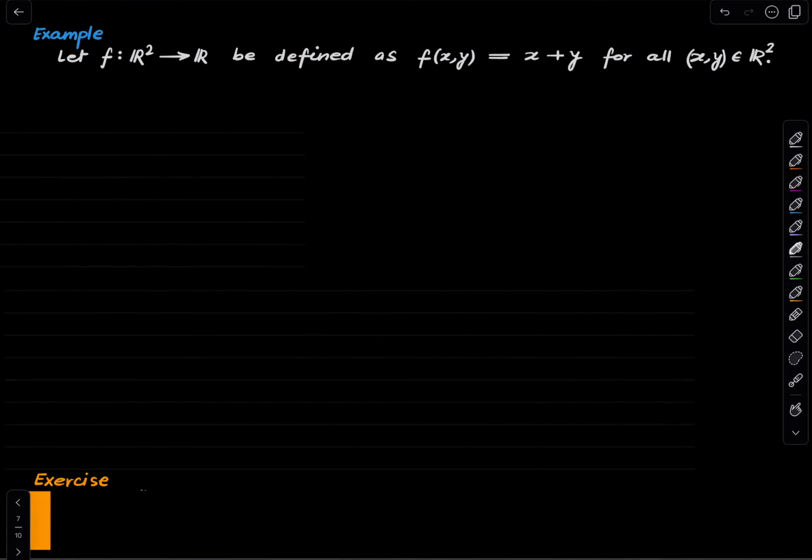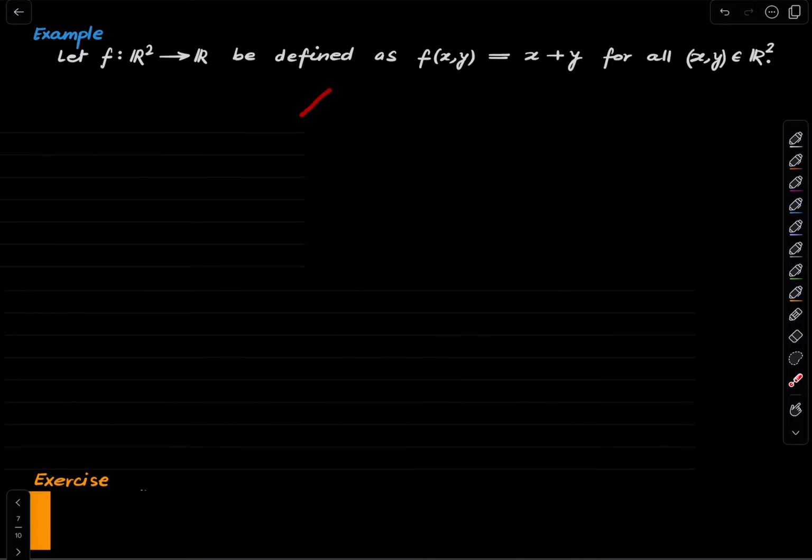The first example, we have a function f from R2 to R defined as f(x, y) = x + y. So it consumes a point in R2 and just outputs the sum of the coordinates. And you should perhaps visualize this in your mind.